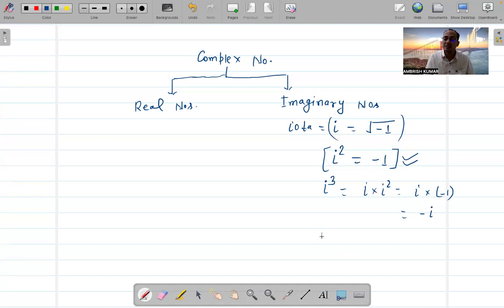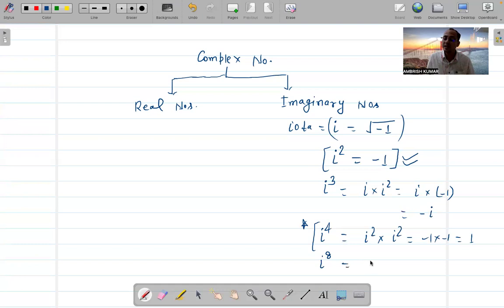Similarly, we can find the value of i to the power 4, which will be i square into i square, -1 into -1. This will be your +1. So look, here we have one important thing. Whenever we have the power of i in multiples of 4, let us say you can think of i power 8.